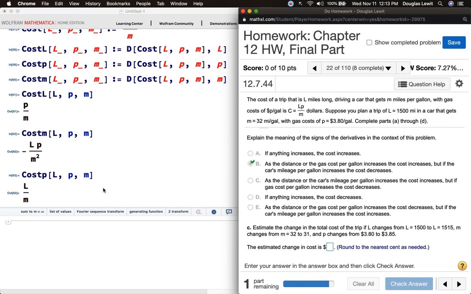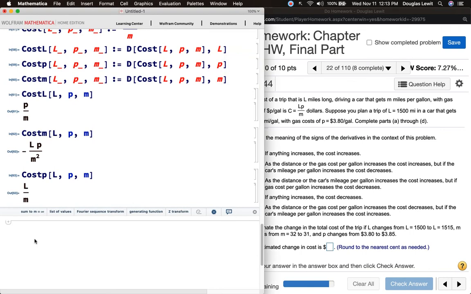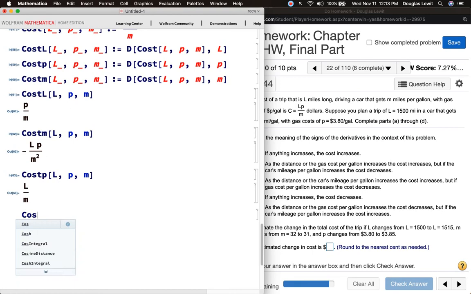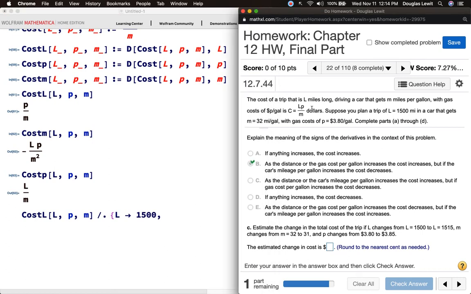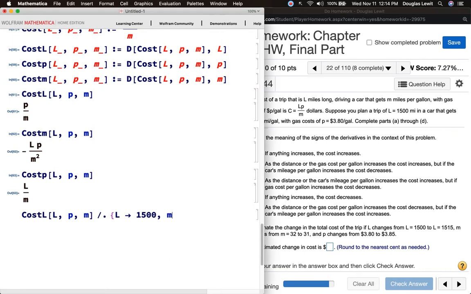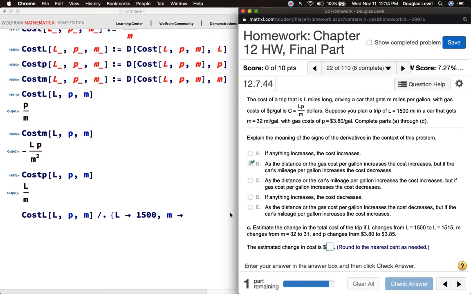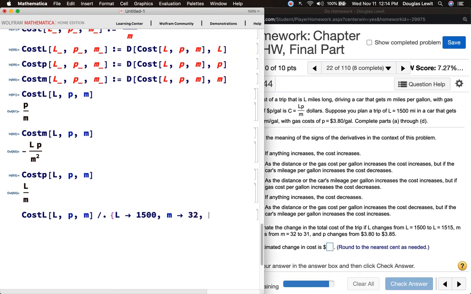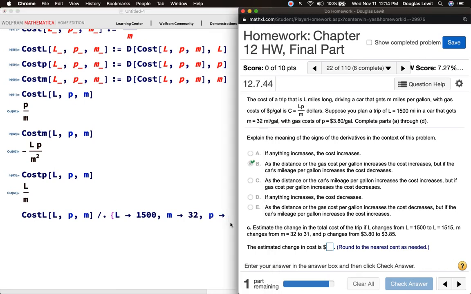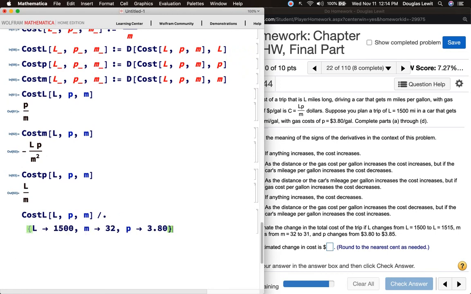We're going to have the cost of L, P, M, where L is replaced with 1,500, M is replaced with 32, and P is replaced with $3.80.